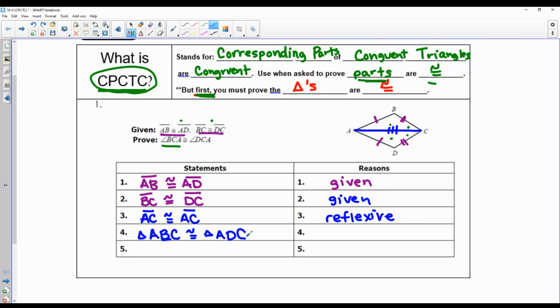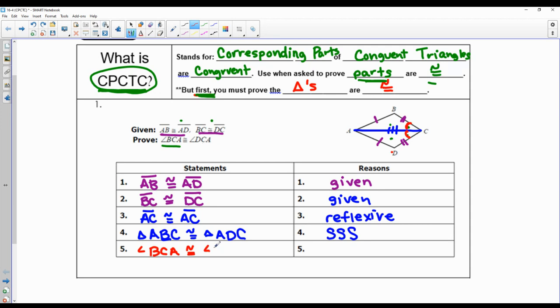So we know that those two triangles are congruent by our side, side, side congruence theorem. After we know that those triangles are congruent, we can say that these parts are congruent. This angle, notice it's between the 2 ticks and the 3 ticks. We should call it BCA. That is going to line up with this angle between the 2 and 3 ticks over here, which they call DCA.